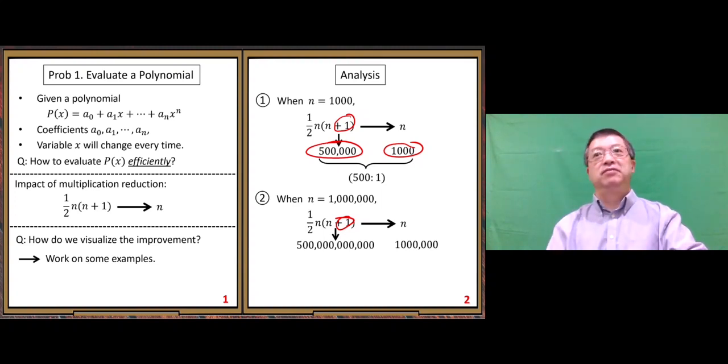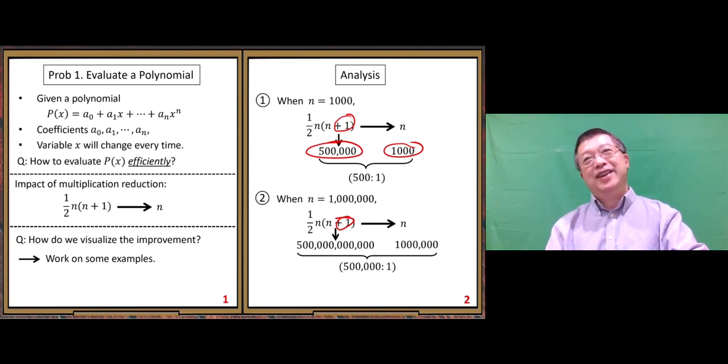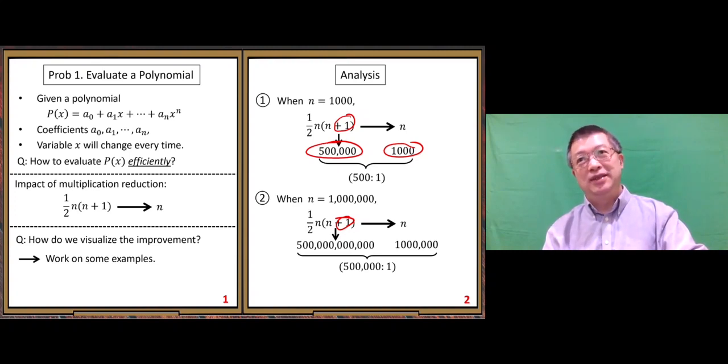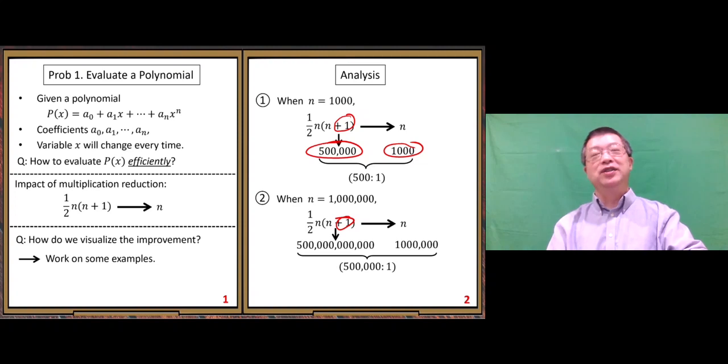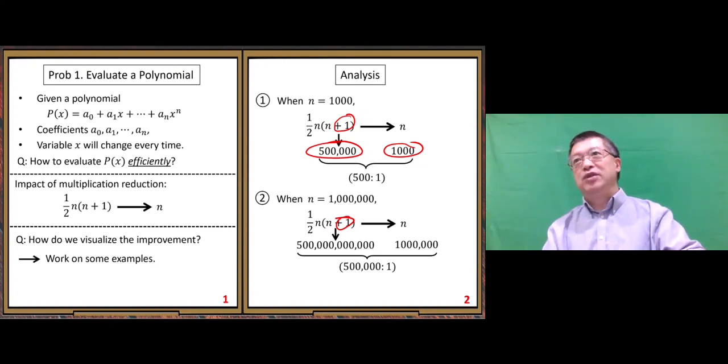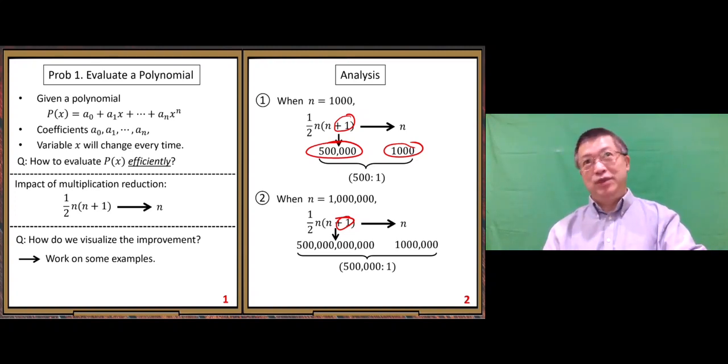Let's take the ratio. 500,000 to 1 ratio. Is that big? Is that huge? Right?